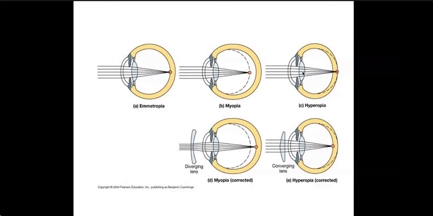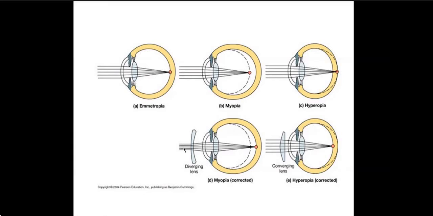And if the object is focused not on the retina but behind the retina, that is called hypermetropia. For myopia, the correction is a diverging lens or concave lens.